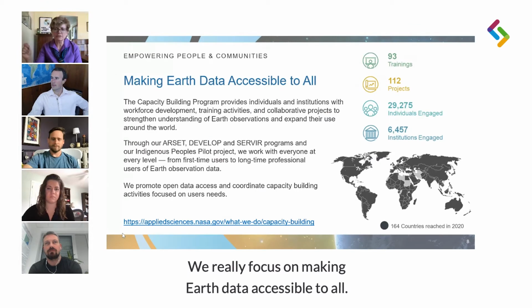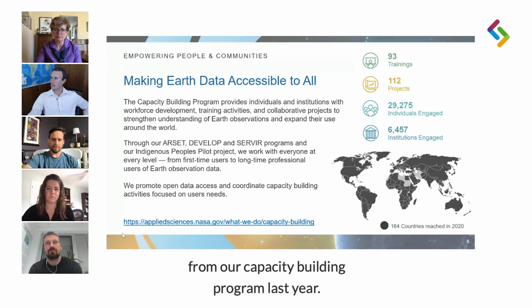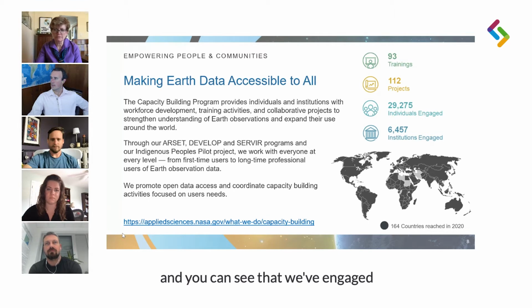We really focus on making Earth data accessible to all. You can see statistics of the number of countries we reached from our capacity building program last year. Pretty close to getting everyone in the world, but we still have places that we are trying to reach. And you can see that we've engaged more than 29,000 individuals and more than 6,000 institutions.